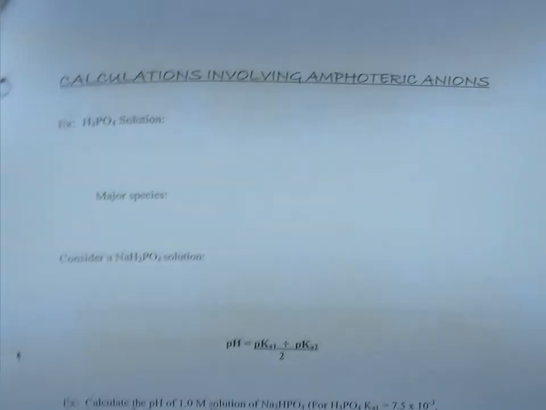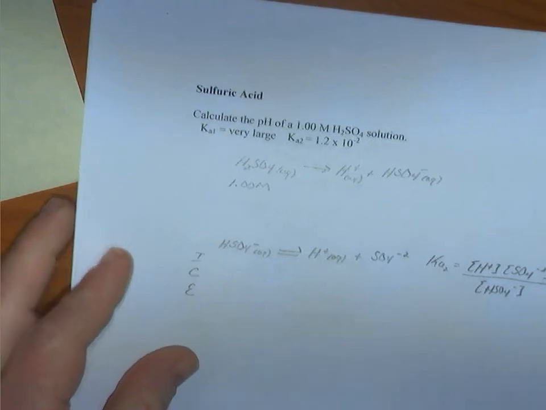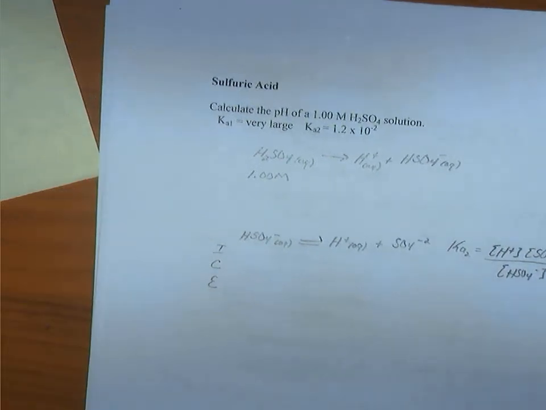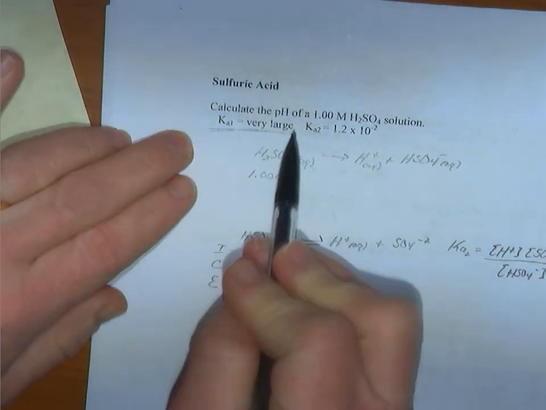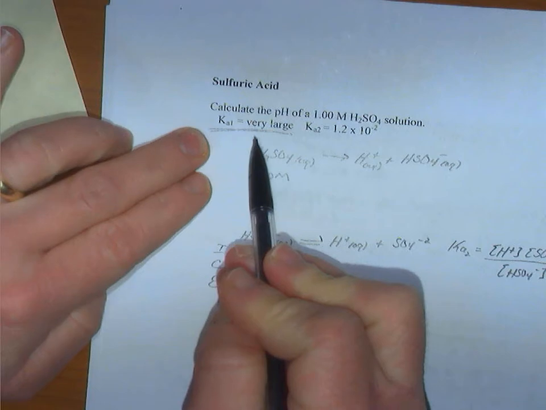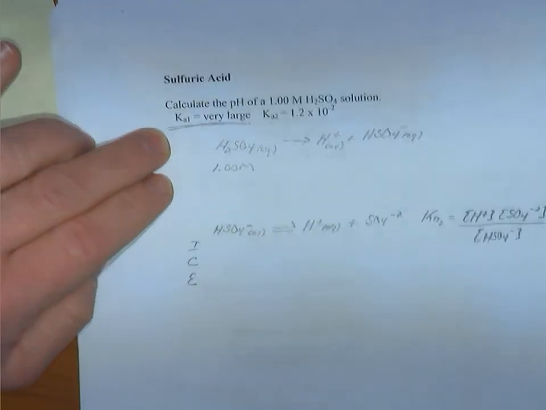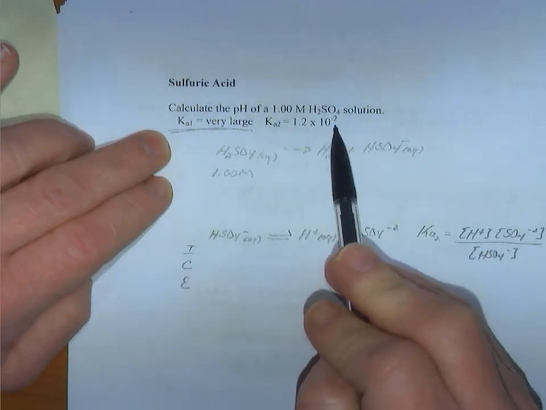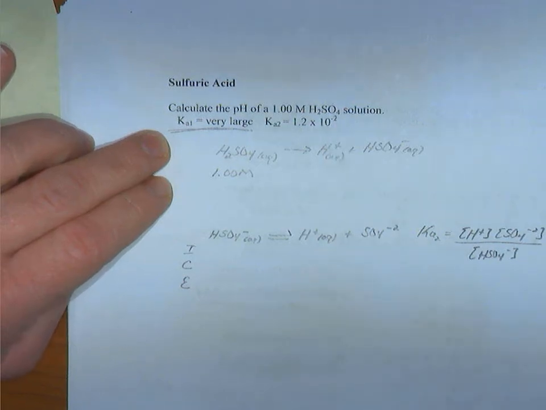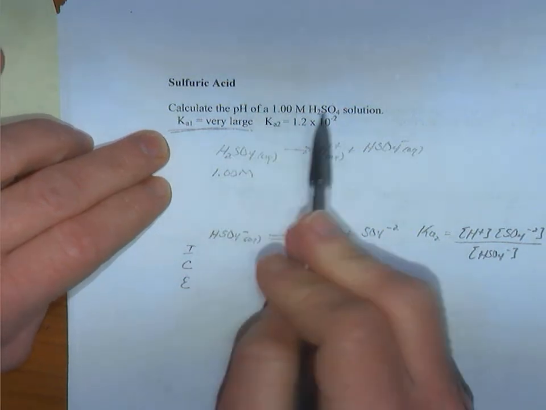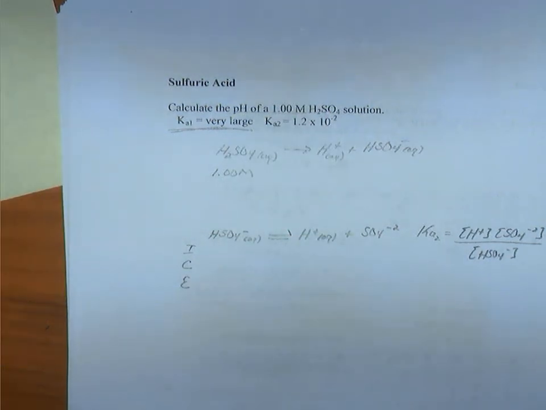But sulfuric acid. Sulfuric acid is our only polyprotic strong acid. The Ka1 is ridiculously large, so we don't even give it as a value. And the Ka2, that's a pretty healthy, strong, weak acid. All right, what if we were asked to find the pH of a 1 molar sulfuric acid solution?